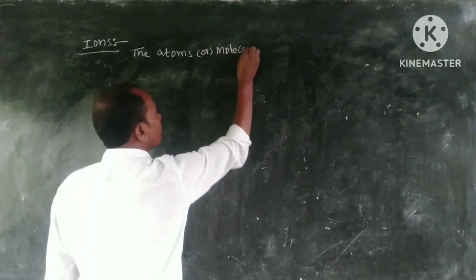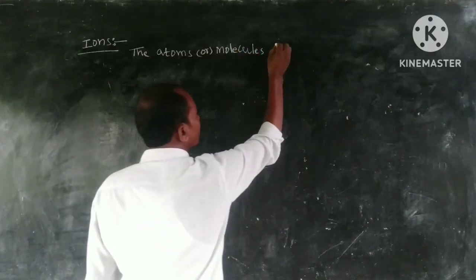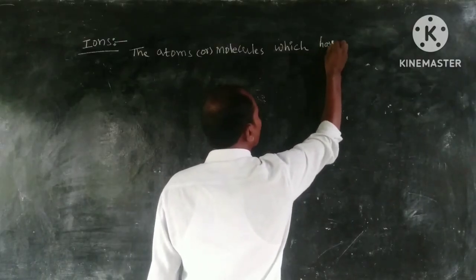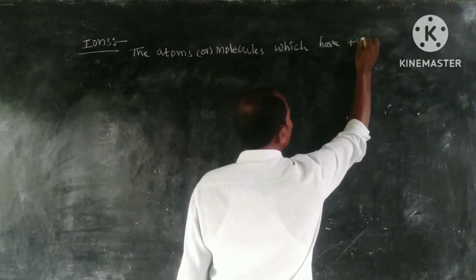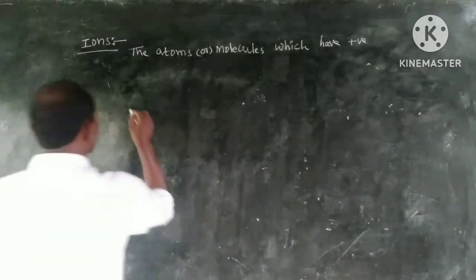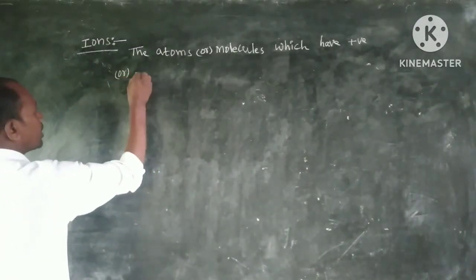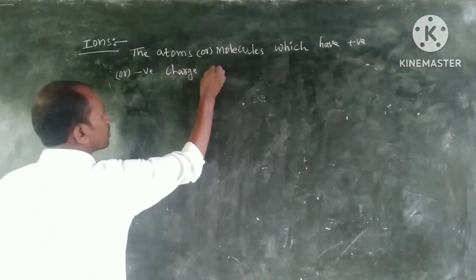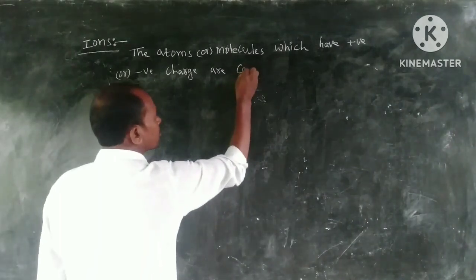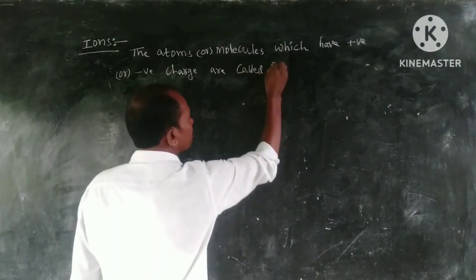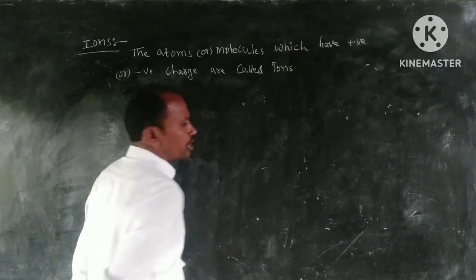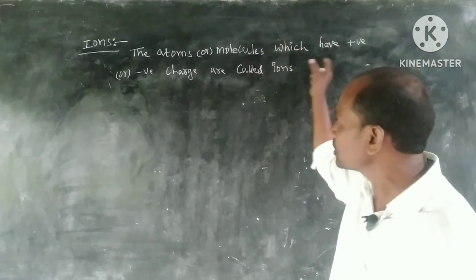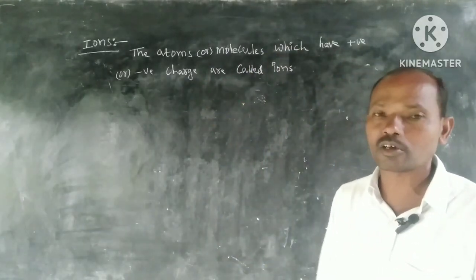Ions means the atoms or molecules which have a positive charge or negative charge, so they are called ions.